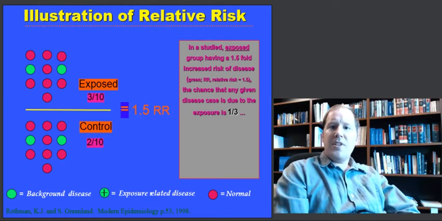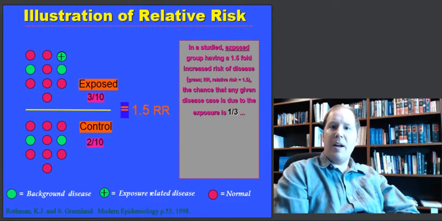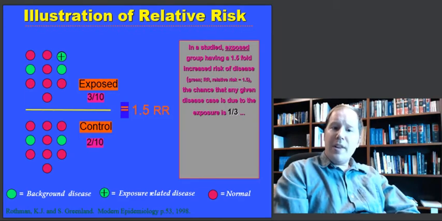But what if we say that a chemical treatment results in the exposure group, and you'll see it here marked by a plus green, 1 additional cancer? Then we would divide these ratios, 3 out of 10 by 2 out of 10, and you would therefore get the number 1.5, which we call the relative risk.